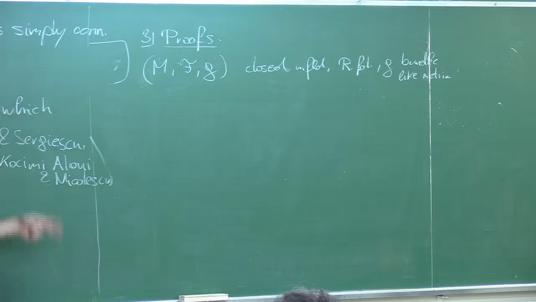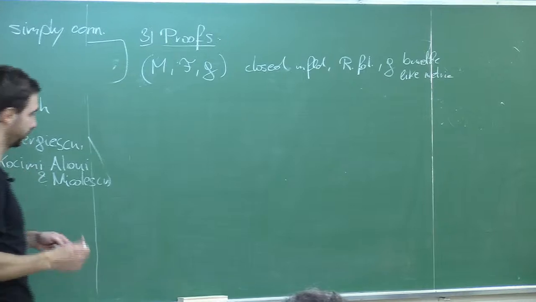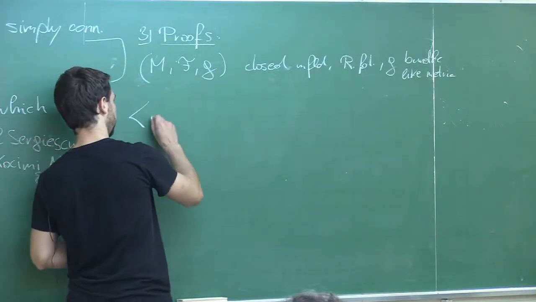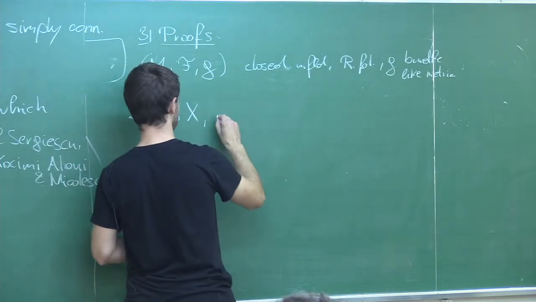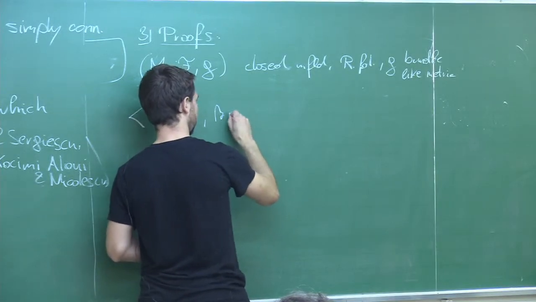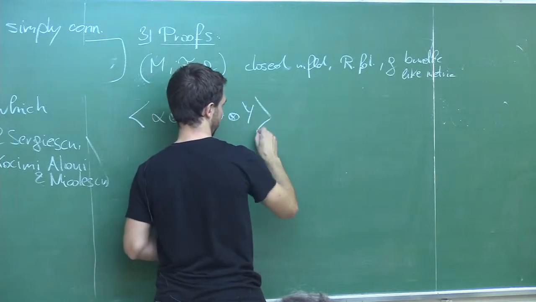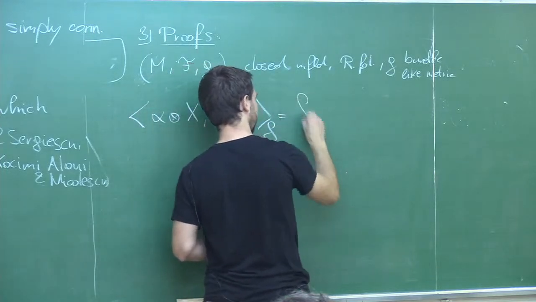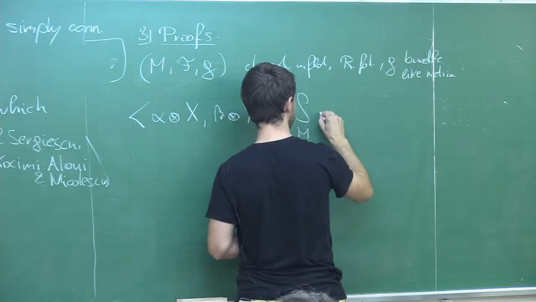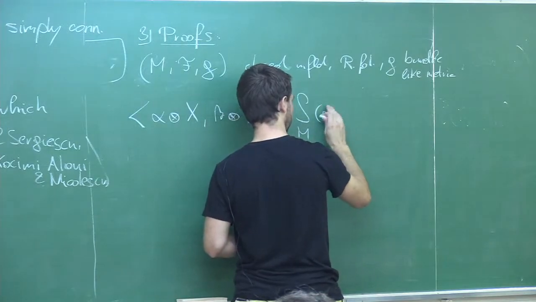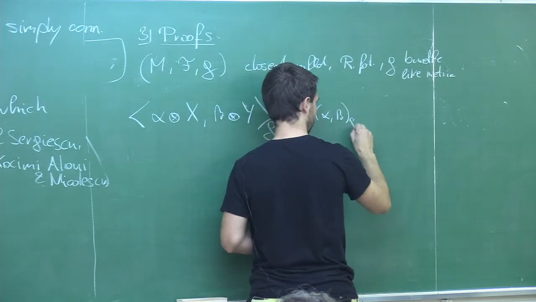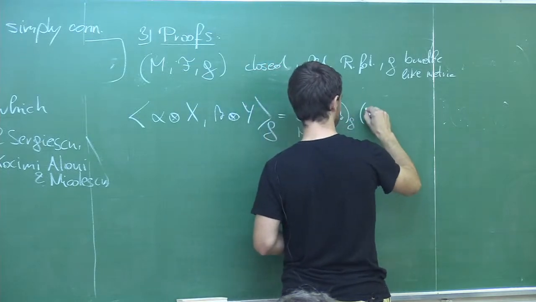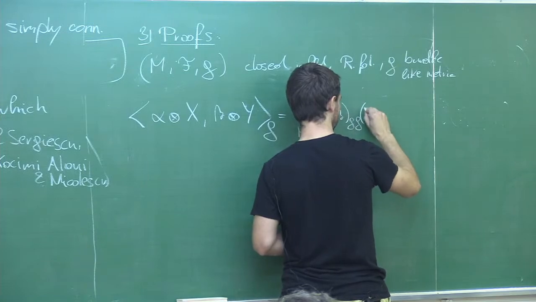Right, so we do this to define an inner product on foliated forms with coefficients. So we define, I guess, alpha times x and beta times y. We define the inner product here by integrating over our manifold, taking the co-metric on the forms and the metric on the normal guys.